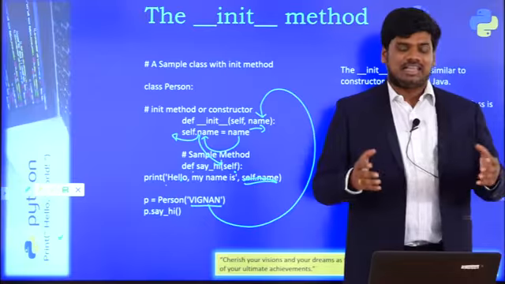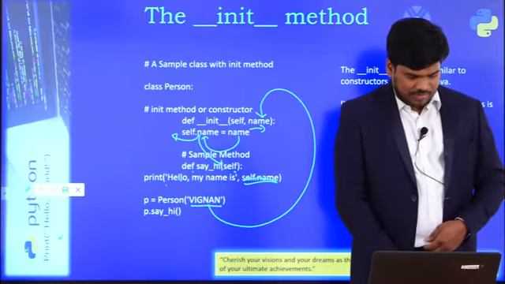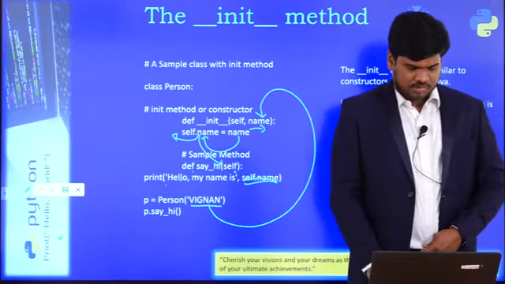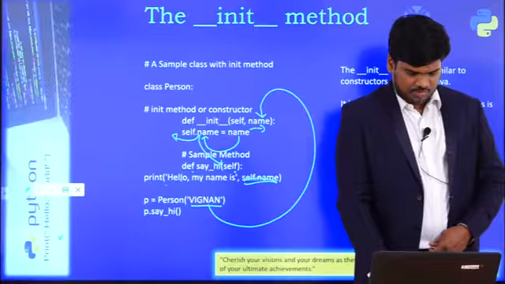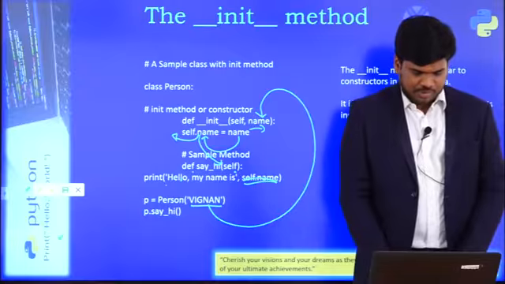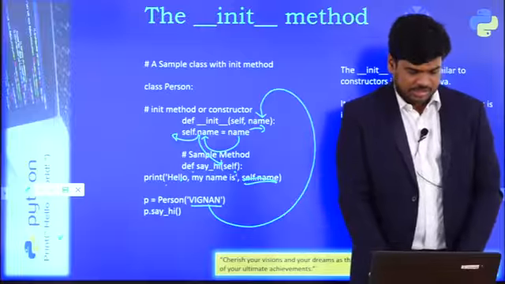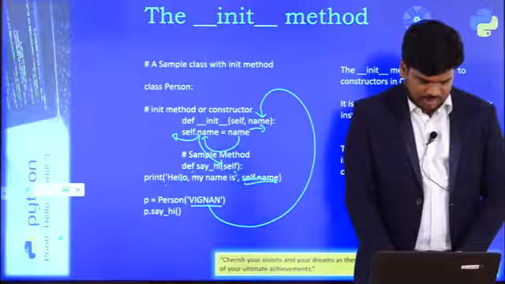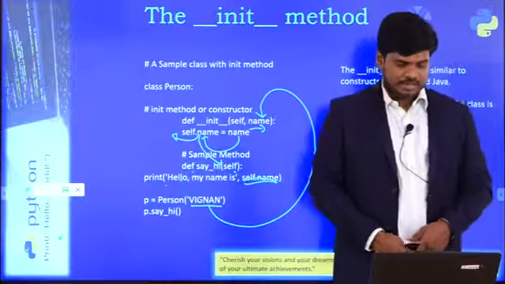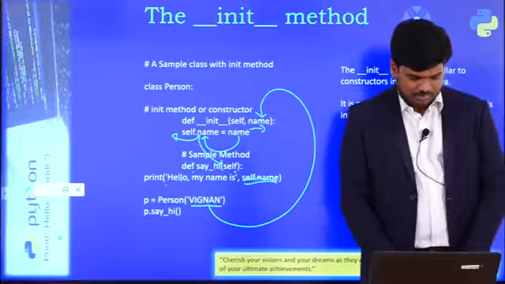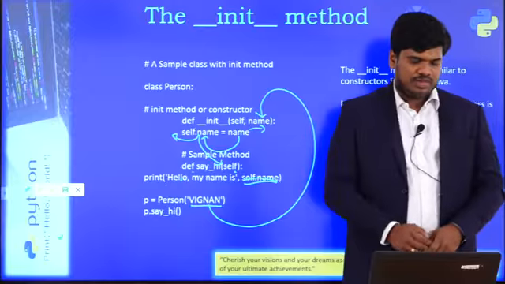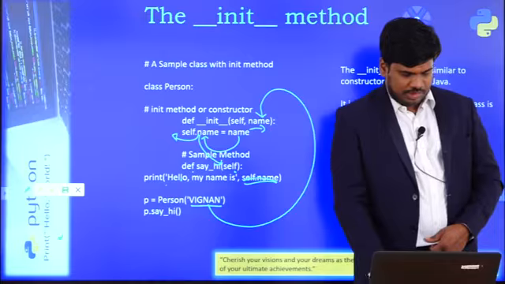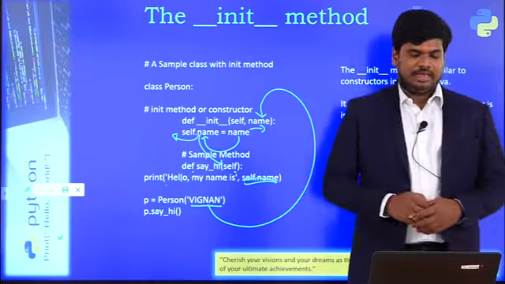I have defined a class Test, and here I am using a constructor, with underscore init underscore. Next, I am removing all these things, and I am passing a value inside my object.